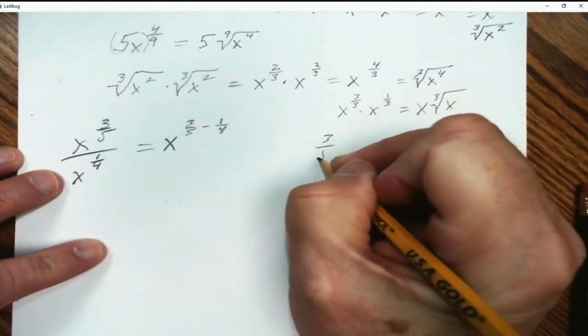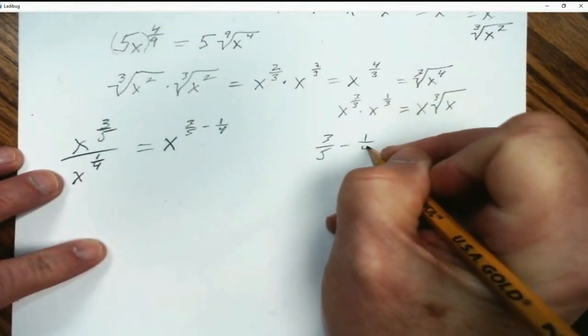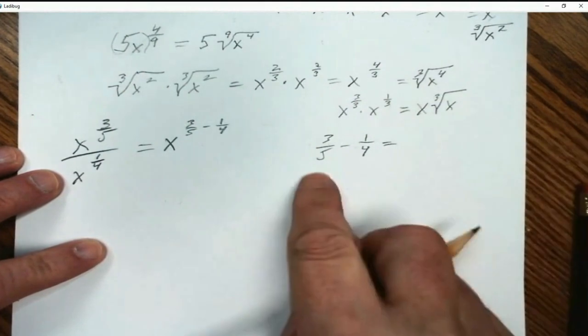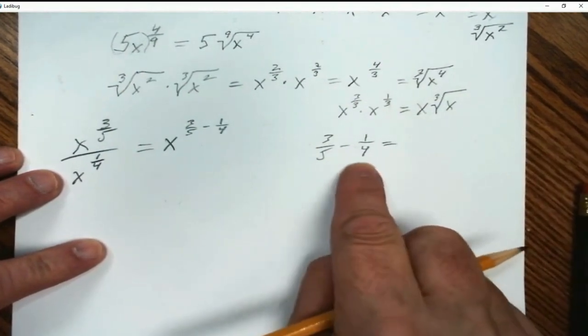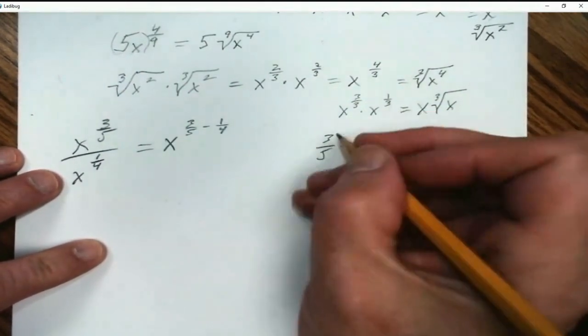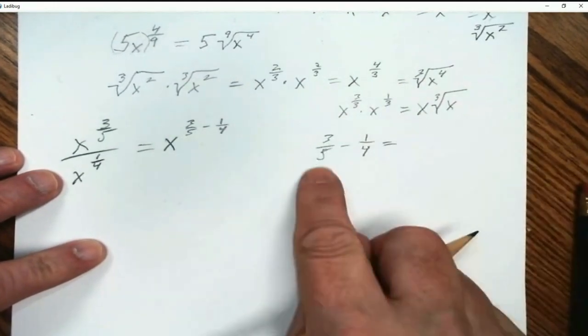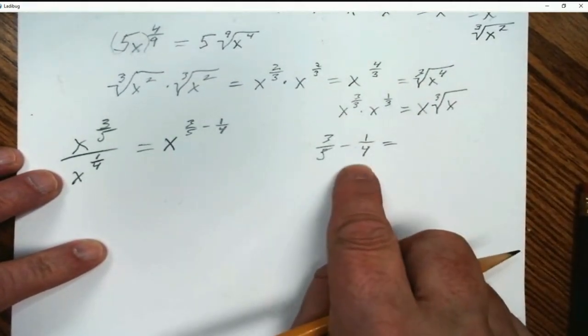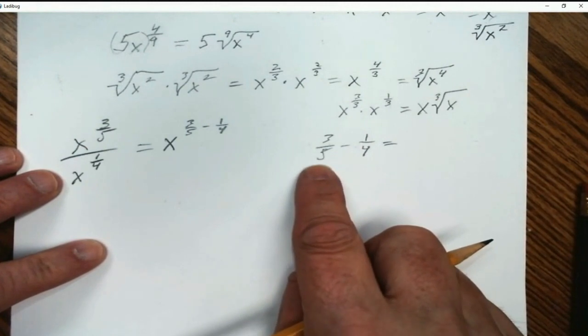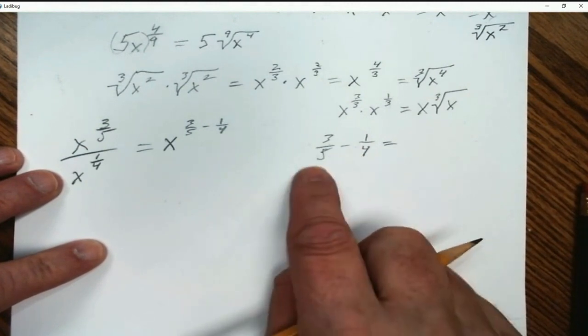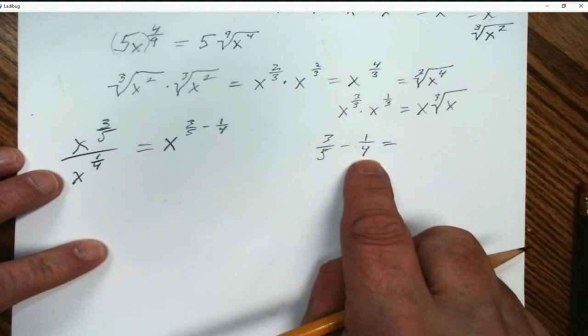Well, to subtract fractions, we have to have common denominators. So to get these denominators the same, 5 and 4, what do they have in common as we multiply up? It'd be 20, because 5, 10, 15, none of those are divisible by 4, but 20 is. 4, 8, 12, 16, none of those are divisible by 5, but 20.